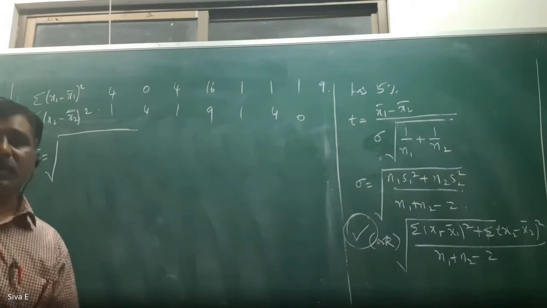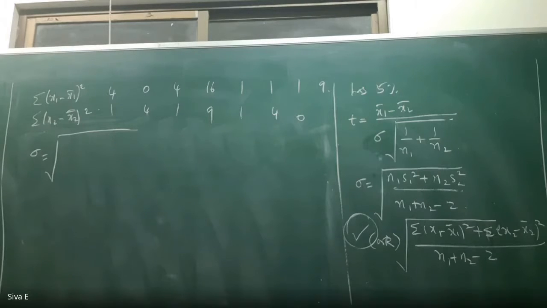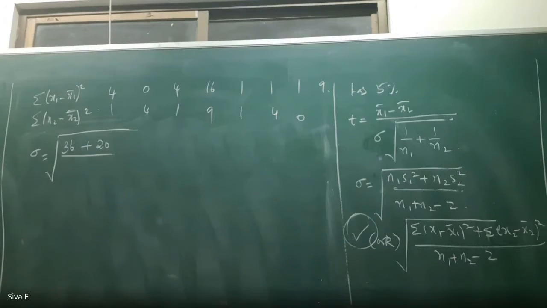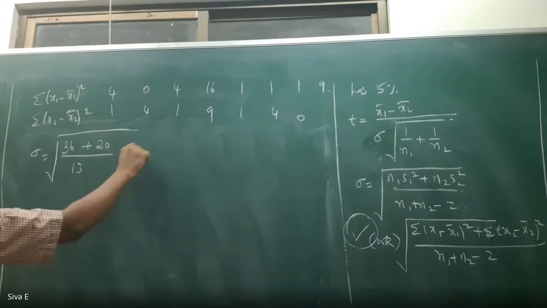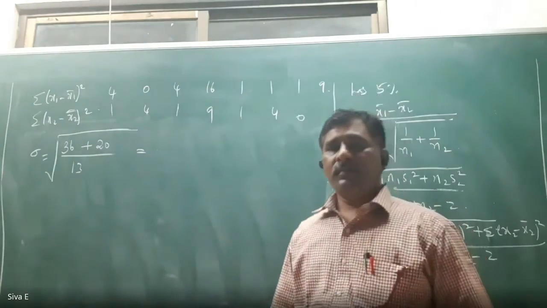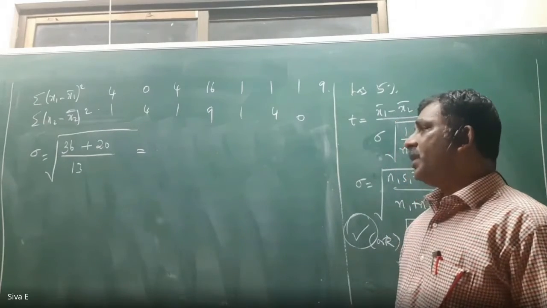Summation of (x1 minus x1 bar) whole square is 36, plus the second one, 20, divided by n1 plus n2. n1 is 8 plus 7, 15, minus 2, 13.